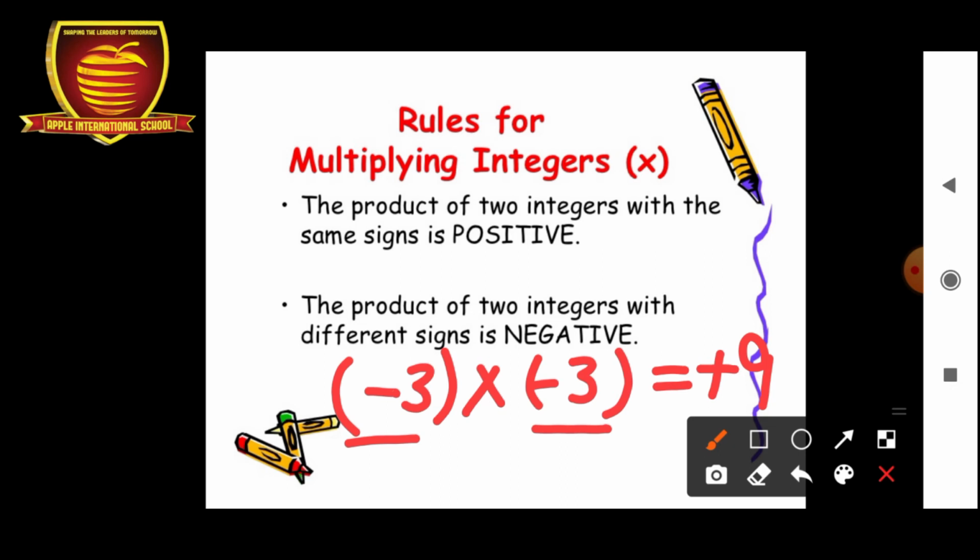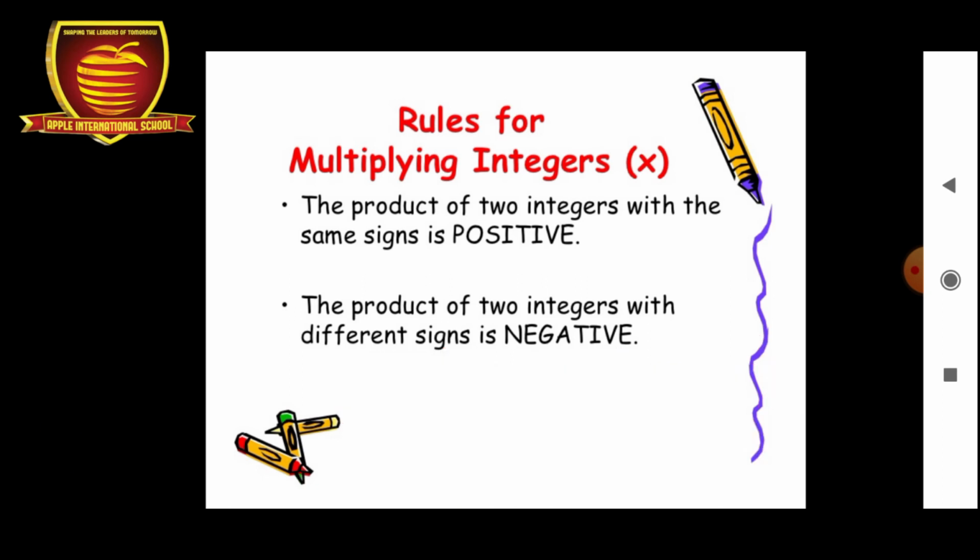Next is the product of 2 integers with different signs is negative. For example, 3 into -4, so the answer is -12. 3 fours are 12 and the sign is negative.